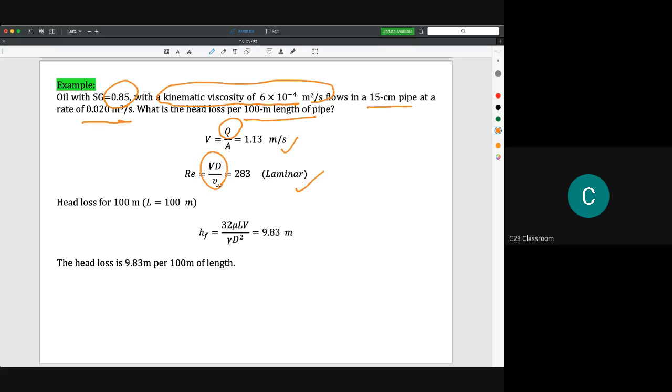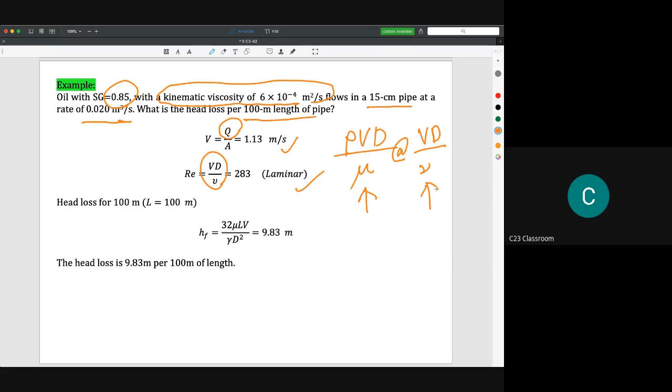Please be careful because the Reynolds number can be calculated by using rho Vd over mu, or it is equal to Vd over nu. Mu here is the dynamic viscosity, but the nu here is the kinematic viscosity. So it depends on you which equation you want to use.